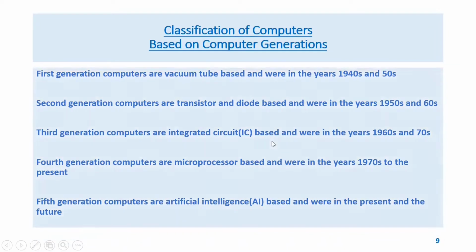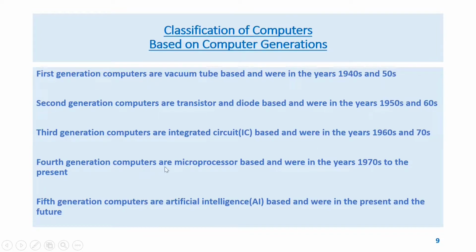First generation of computers are vacuum tube based and were in the years 1940s and 1950s. The second generation of computers are transistor and diode based and were in the years 1950s and 1960s. Third generation of computers are integrated circuit based, IC based, and were in the years 1960s and 70s.